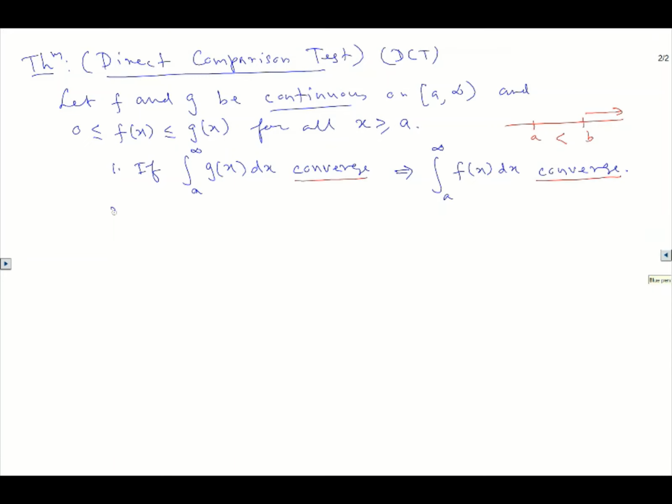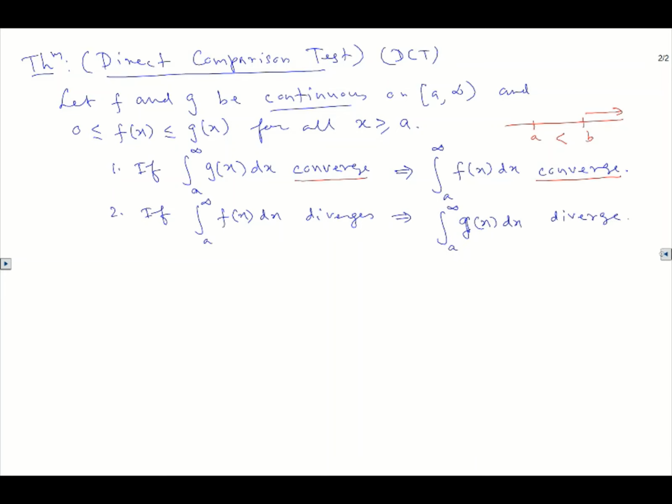Now let's look at the second result. It says if the smaller one, the integral from a to infinity of f(x) dx, diverges, then the larger one, the integral of g(x) dx, has to diverge.